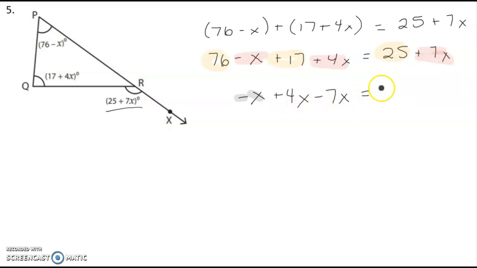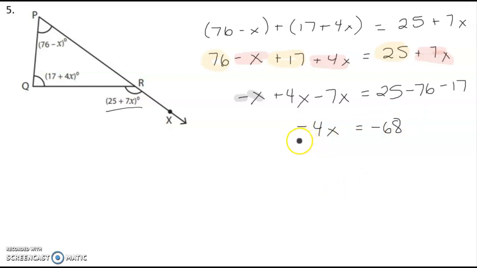Equals, and then I'm going to have my 25 still on this side, and I'm going to bring all my other numbers over, so negative 76, and then negative 17. Okay, so when we add all of these up, negative 1 plus 4 gives me positive 3. 3 minus 7 gives me negative 4x. Okay, and on the right side, 25 minus 76 minus 17 gives me negative 68.